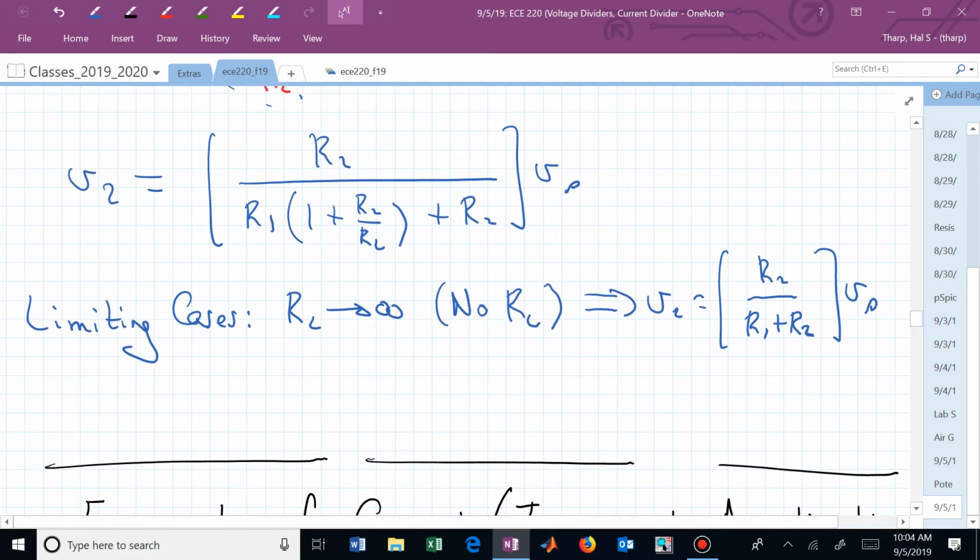What about the other case? What if we let R sub L go to 0? You told me that was a wire, so now we've short-circuited R sub 2.